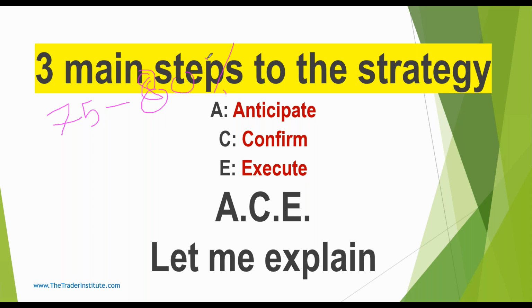Why? Because I would choose the level, I will wait for the market to touch the level, and then I will wait for the market to confirm. There are different ways. So you basically accumulate the things that will work in your favor before you execute the trade.